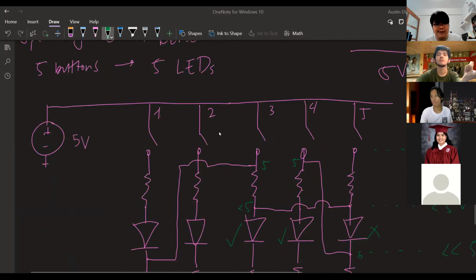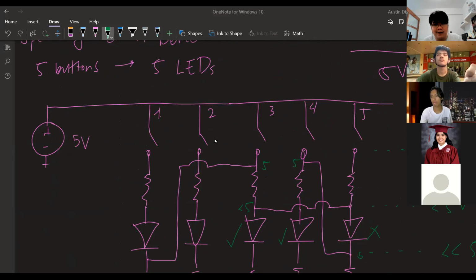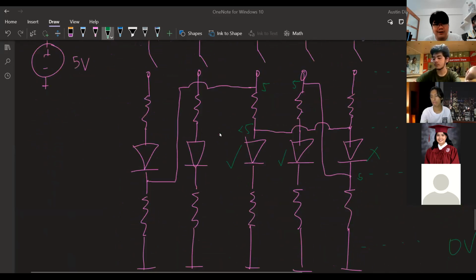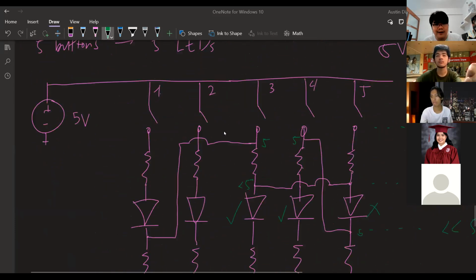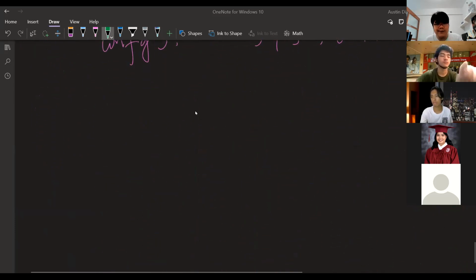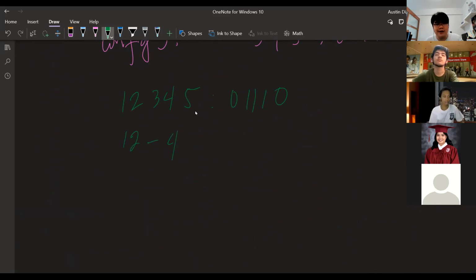Kasi hindi mo alam kung pag pindot mo ng isa, maapektuhan ba lahat or isa lang din maapektuhan and so on. So a strategic way to do this is you're coming from all the buttons pressed. That gives me 0, 1, 1, 1, 0. So, ang gawin mo, minimal change ka lang. Apat yung pipindutin mo, di ba? Sabihin natin 1, 2, 4, 5.